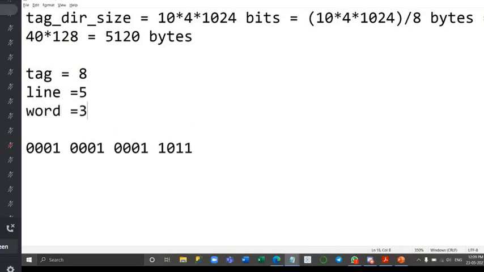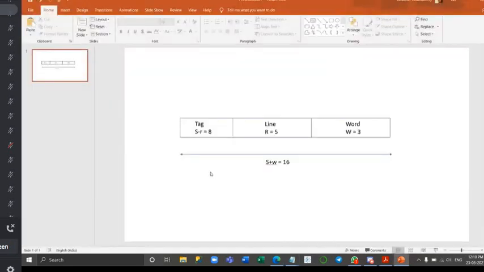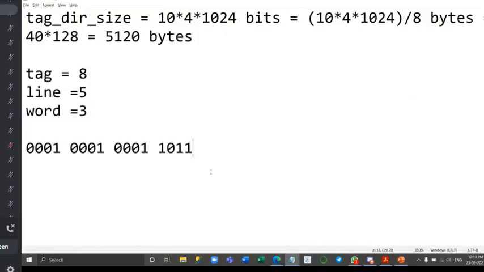Out of these, my tag is 8, my line is 5, and my word is 3. The word is the rightmost part, as you can see in the PPT. In binary arithmetic, this part is the least significant bits, and these are the most significant bits, MSB and LSB. So the word starts from the least significant bit, and the tag starts from the most significant bit.